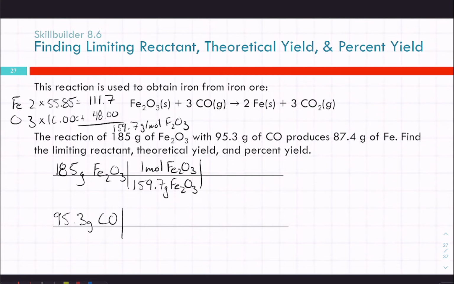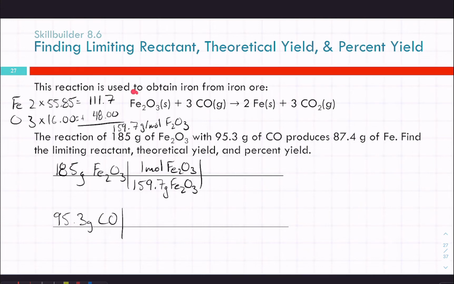Then after we convert it to moles, we can use our molar ratio. And we want to figure out the amount of iron, right? Because we're given that it produces this much iron as the actual yield. So it doesn't make sense to calculate the amount of carbon dioxide that's produced. It would still tell us our limiting reagent, but it wouldn't be very useful after that.